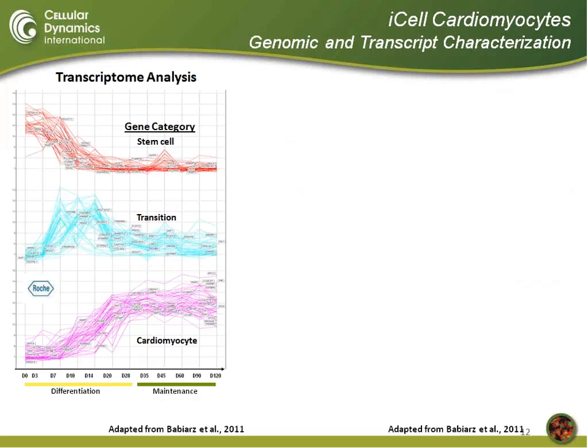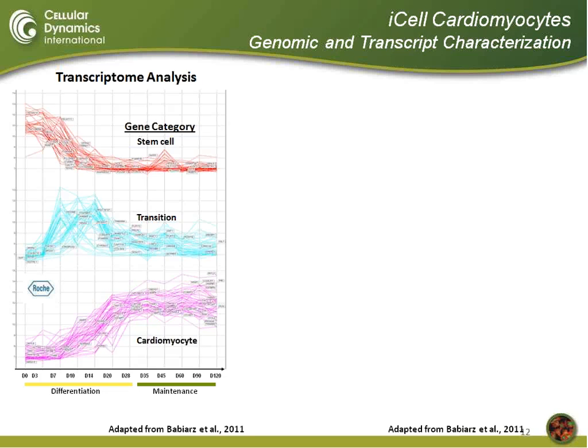The key thing to see here is when we start from our stem cell population, as you'd expect, we have very high stem cell gene expression and very low, essentially none, transition and cardiomyocyte gene expression. As time goes on, the stem cell genes shut off and they remain off. The transition genes turn on during differentiation and then shut off again and remain off. And the cardiomyocyte genes turn on during differentiation, and then they peak and they remain.